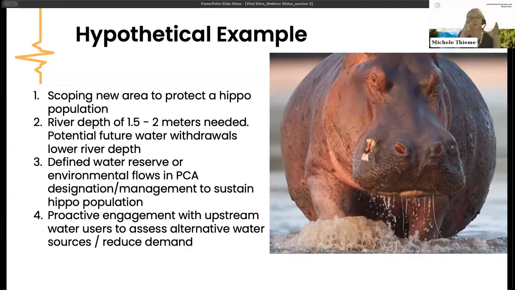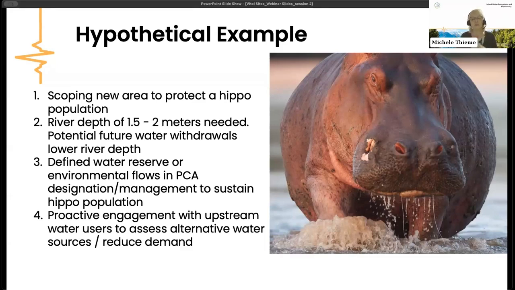So if we're going to use a protected and conserved area approach to help conserve that population of hippos, we're going to need to ensure that the protected or conserved area includes a water reserve or environmental flows that keep the river depth at the level that hippos need.